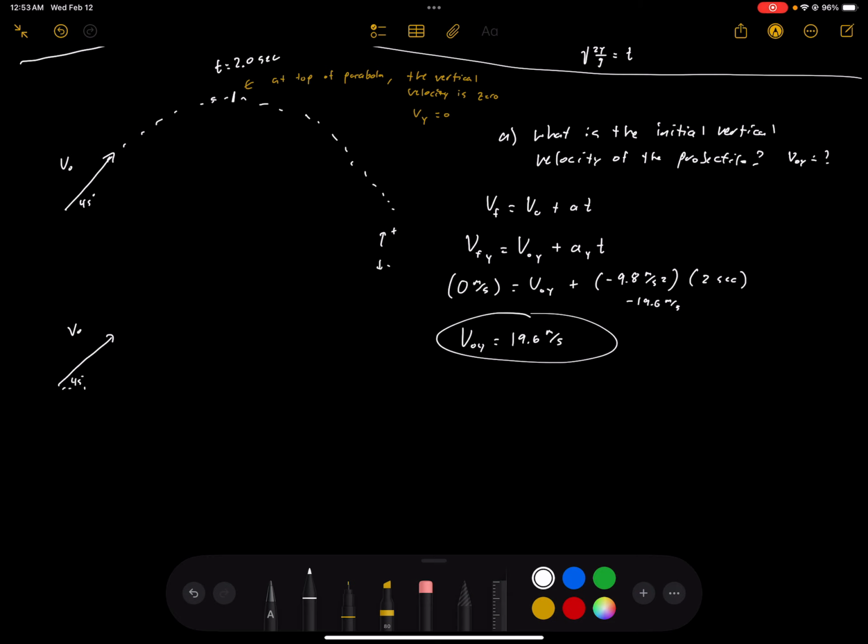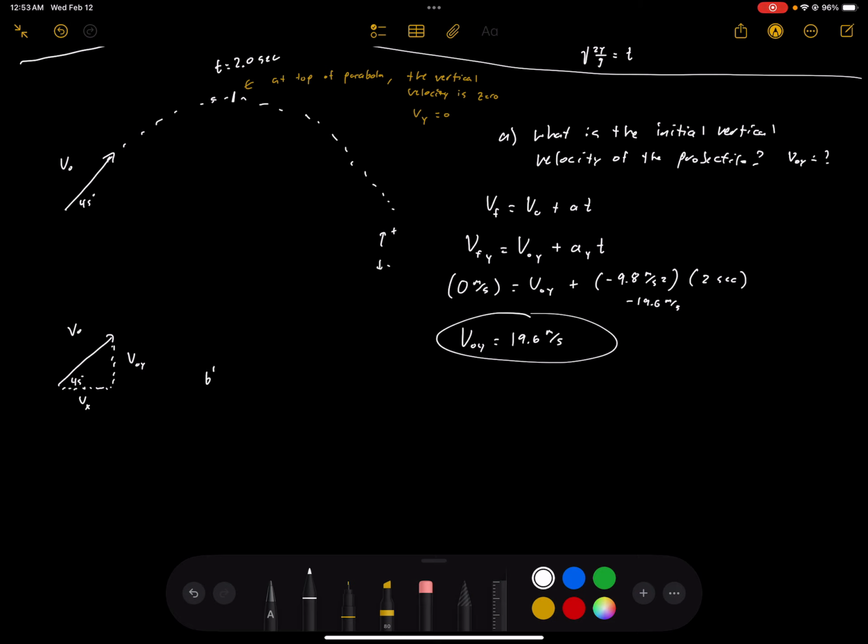We have our x component and our y component, v naught y and v sub x. The velocity in the x direction is not going to change. Only the y direction changes. But I believe a better example is figuring out what the actual initial velocity is.